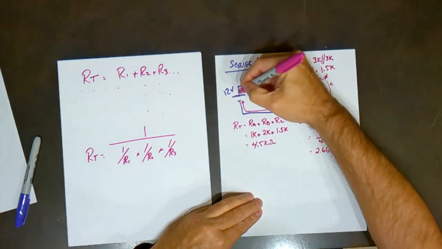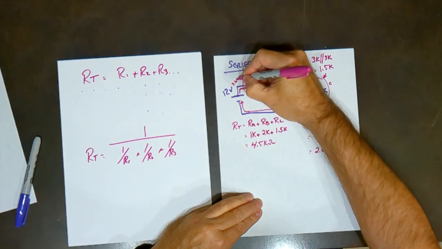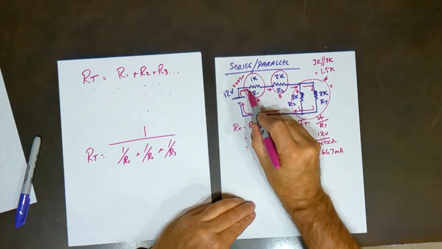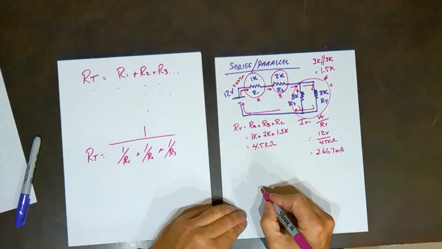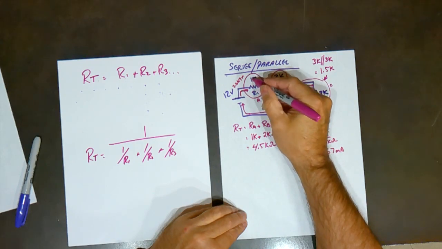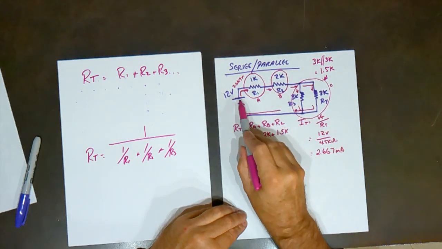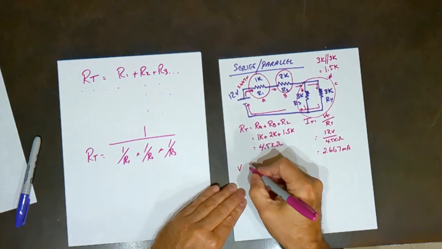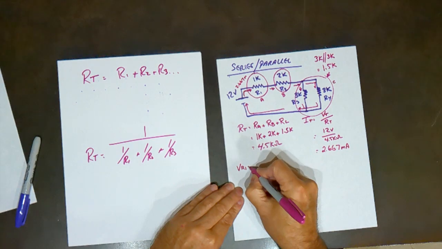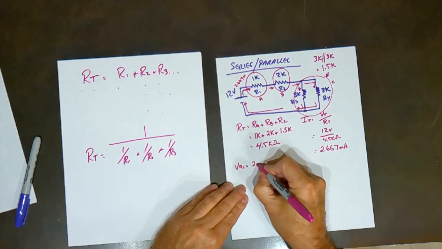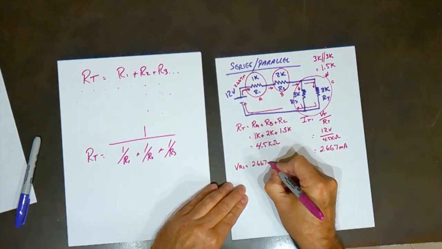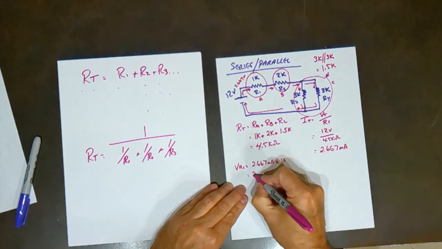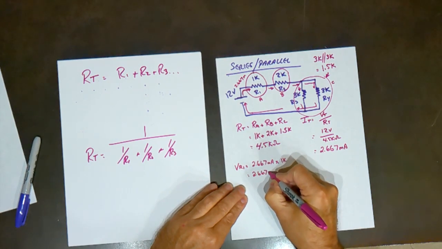So we know that the current leaving the source is 2.667 milliamps. That current flows through that resistor, so the voltage across that resistor is the current going through it times the resistance. The voltage of R1 is equal to 2.667 milliamps times 1K, and that is 2.667 volts.